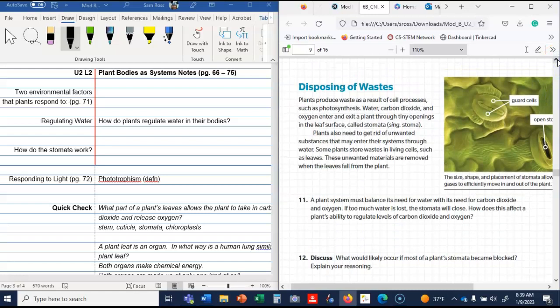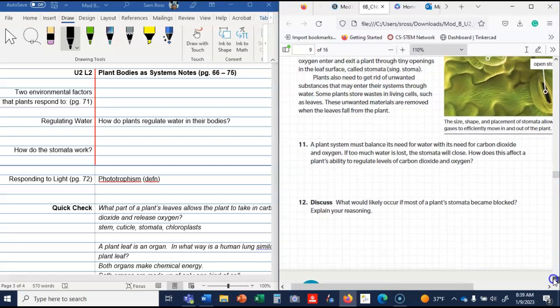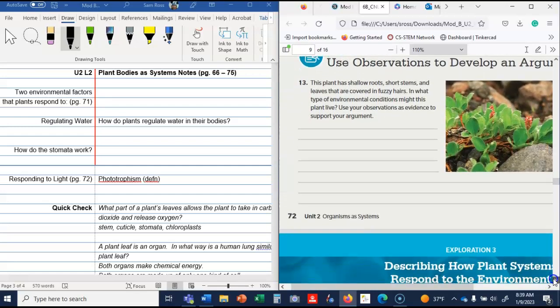Okay, let's see. How do they regulate water? Unwanted materials are moved through water. Carbon dioxide and oxygen exit through tiny openings on the leaf surface called stomata. I don't think that's it.